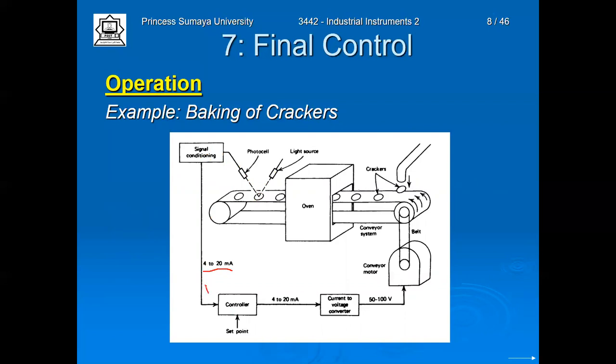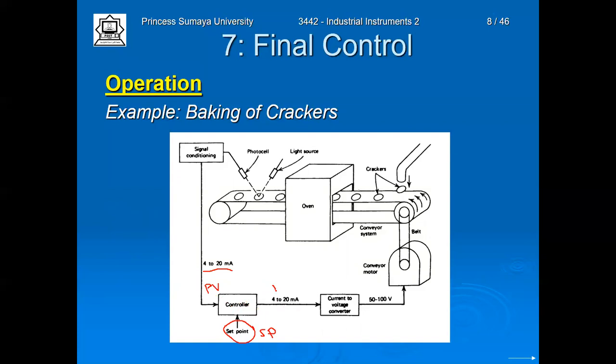So actually this is a PV value, process variable, as a feedback signal, and we have the set point here. So again, the controller here is comparing between the set point, which is SP or SV, and the PV value, and generates a signal from 4 to 20 milliamps also, because it is standard.